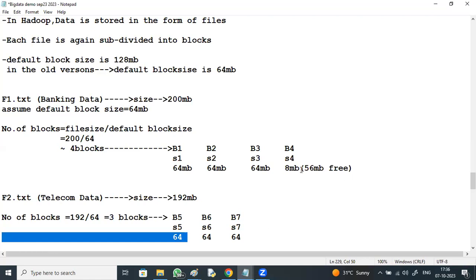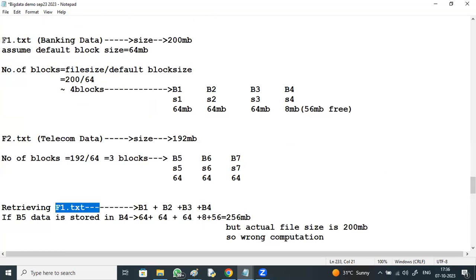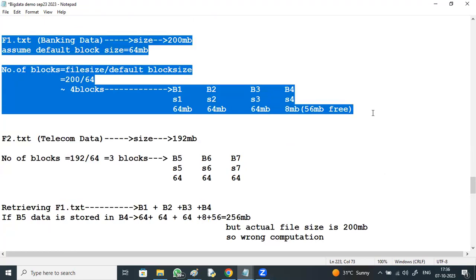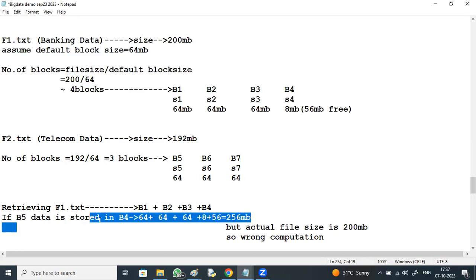Here the query is: 56 MB is free in B4, so why is B5 data not stored in B4? Assume B5 data is stored in B4.